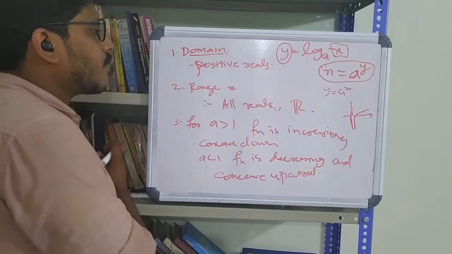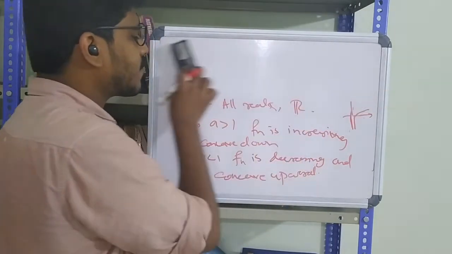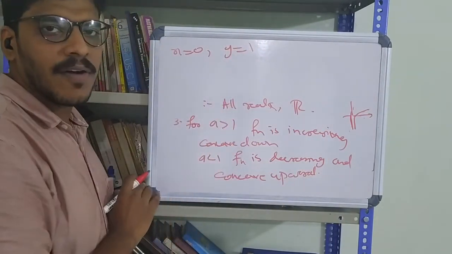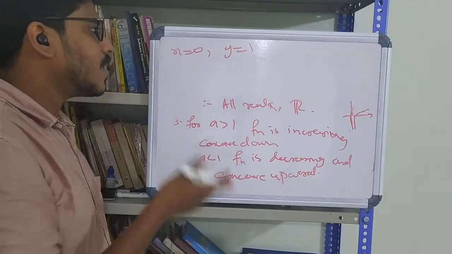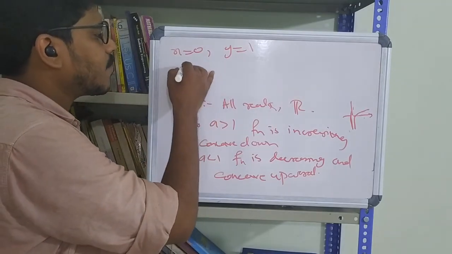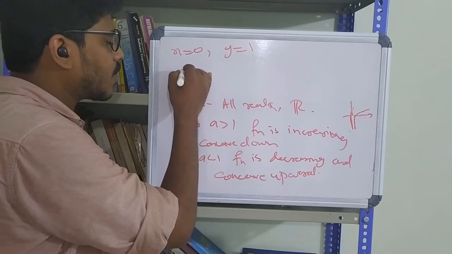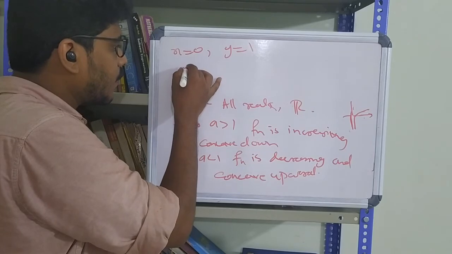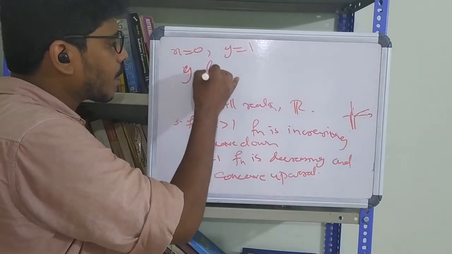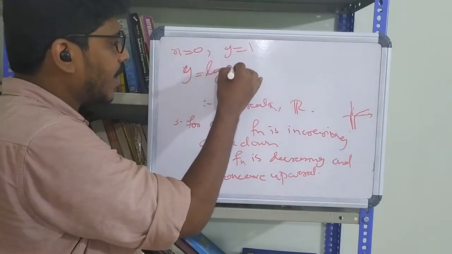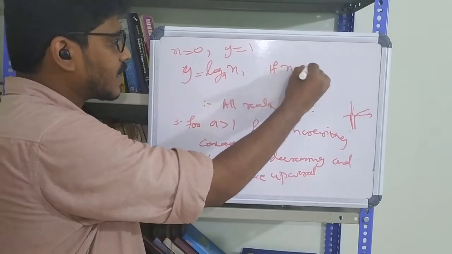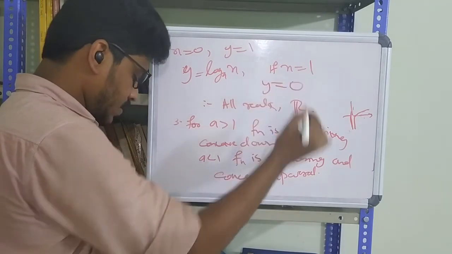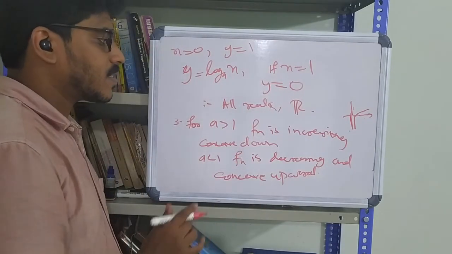And for the exponential function, we have seen that if x equals 0, y happens to be 1 irrespective of the base. Similarly, for the logarithmic function y equal to log to the base a x, if x is 1, y will be 0 irrespective of the base.